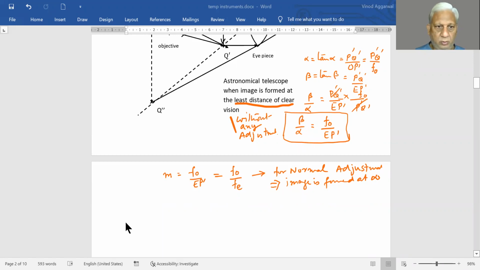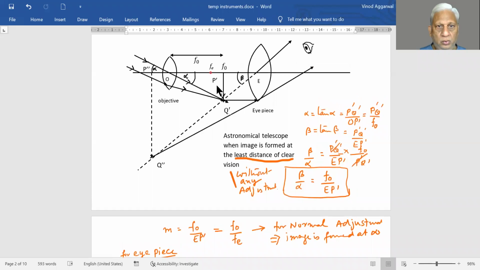Okay. Now let's take the lens formula for the eyepiece. Let's apply our sign convention.